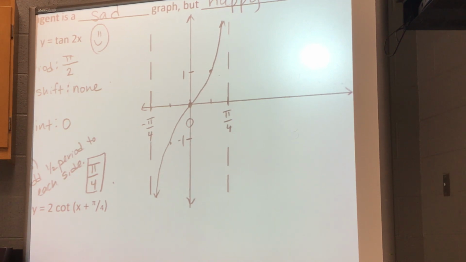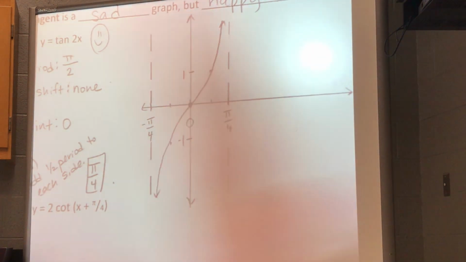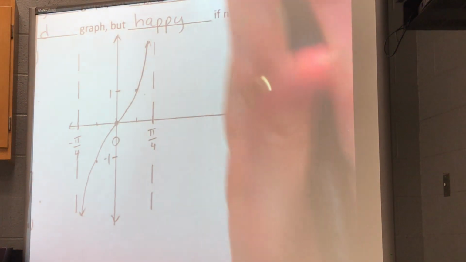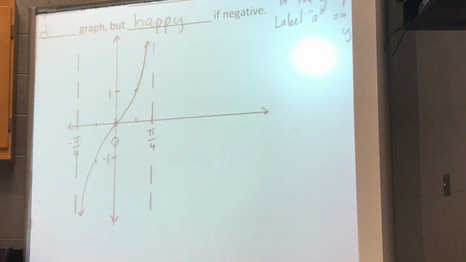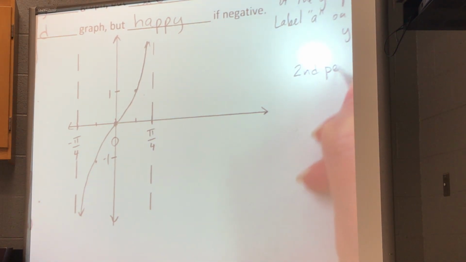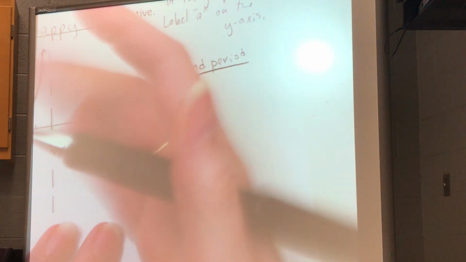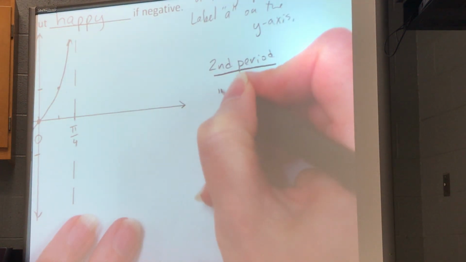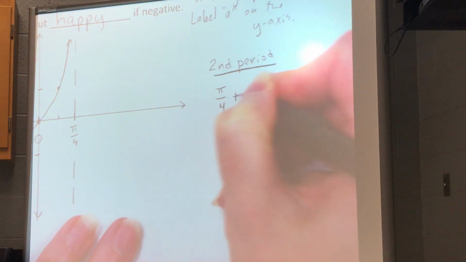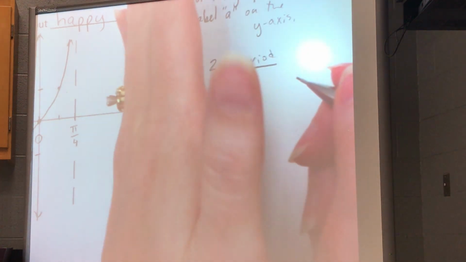Alright, so you guys know we have to do 2 periods, right? So I put it kind of over on this side just because it's a little easier to work with positive numbers than negative numbers. So I'm going to find a period to the right of this one. Alright, so I'm going to take pi over 4. And what do you guys think I need to add to it to get the end of my second period?